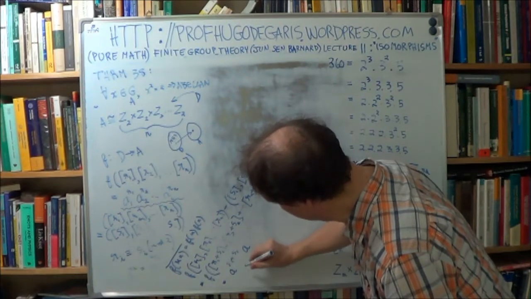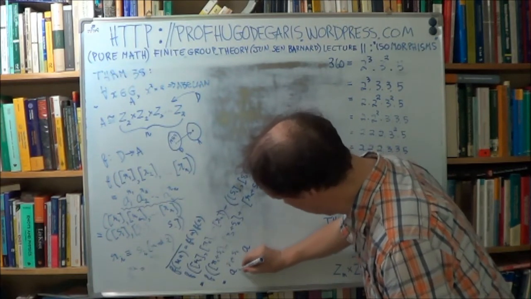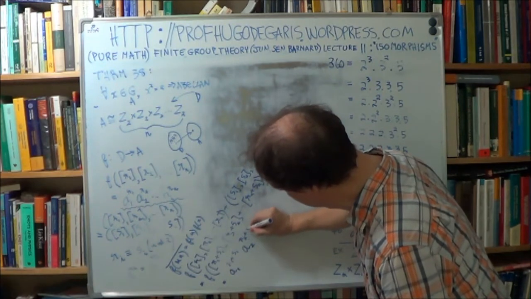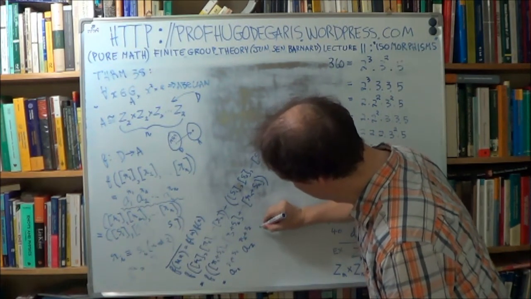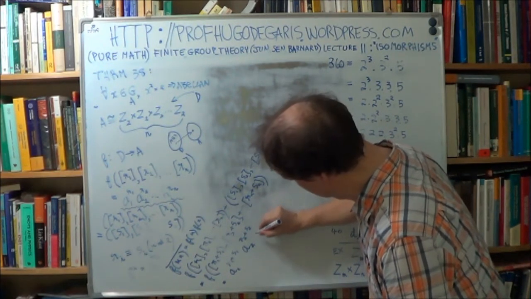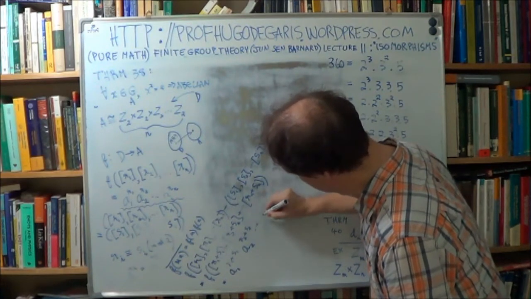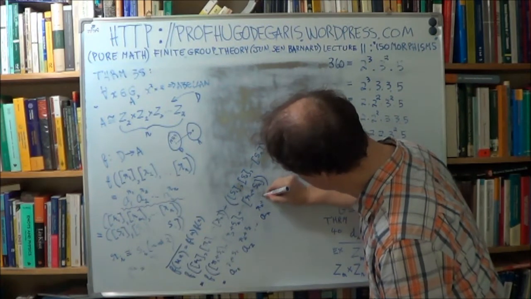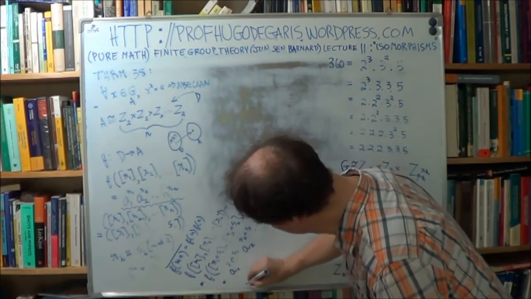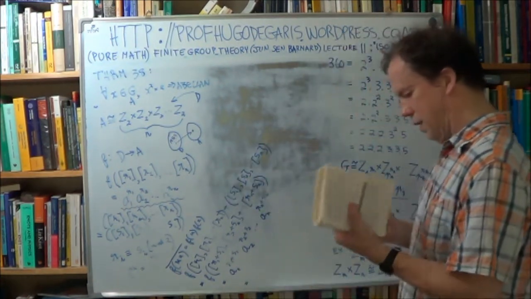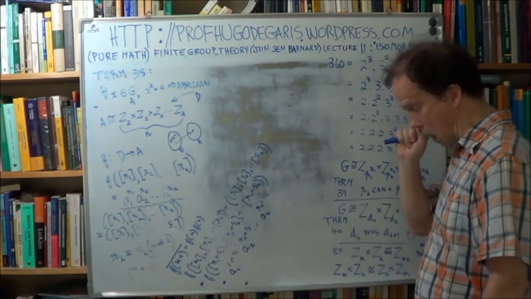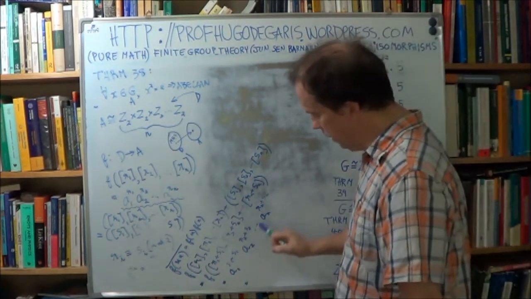Times A2 to the R2 plus S2, dot dot dot, An to the Rn plus Sn. Now remember, it's an abelian group.